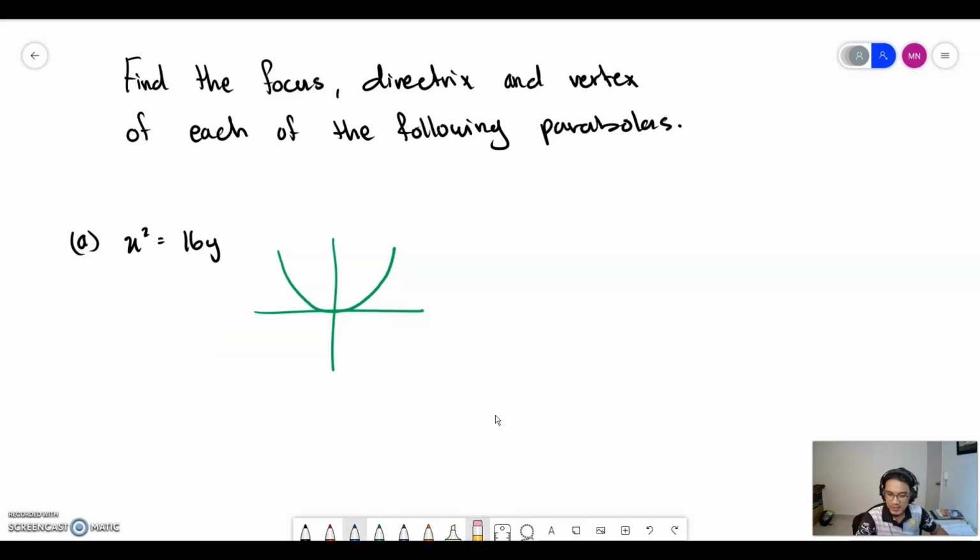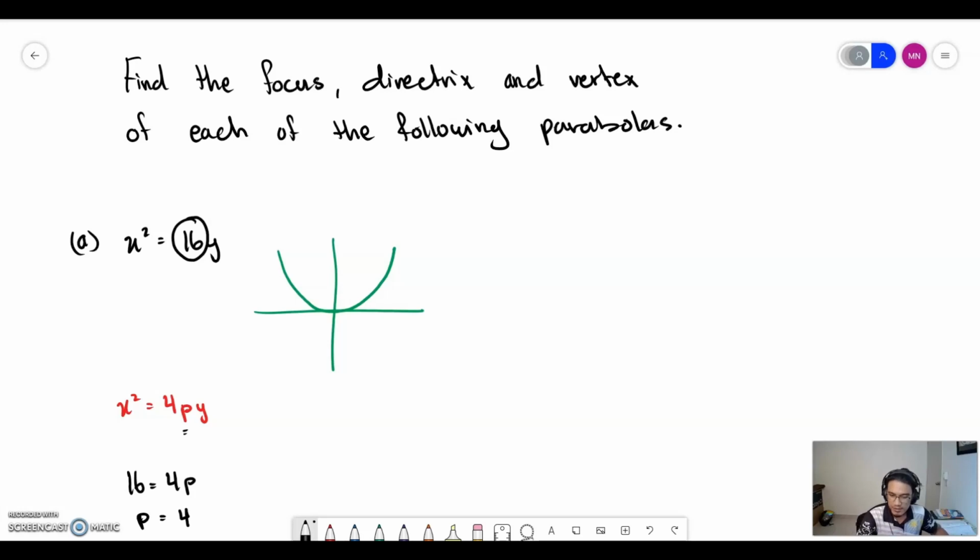This will be our first estimation of our parabola, which opens vertically. Okay, so we know the equation of this parabola is x squared equal to 4py. So next is to identify the value of p. Right here we have 16. Okay, so 16 will be equal to 4p, and we can say that p is equal to 4.